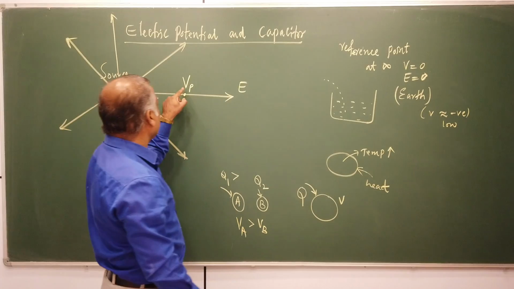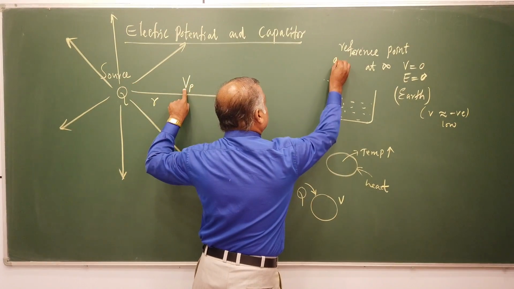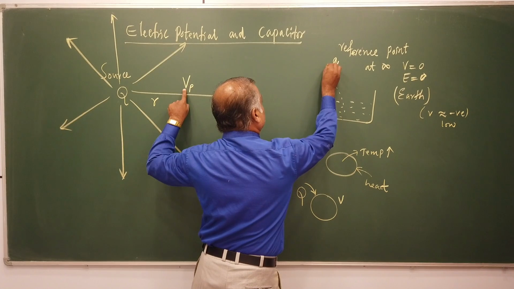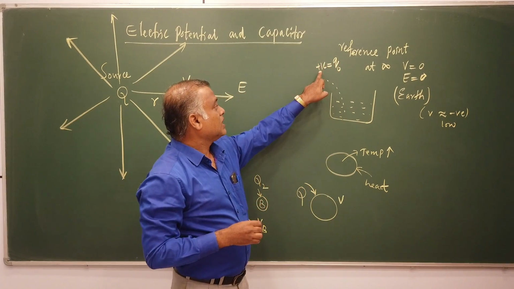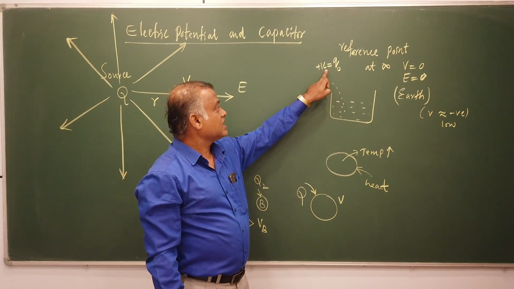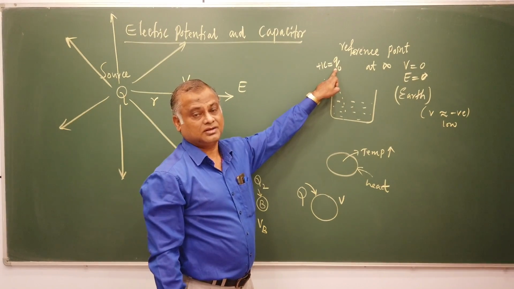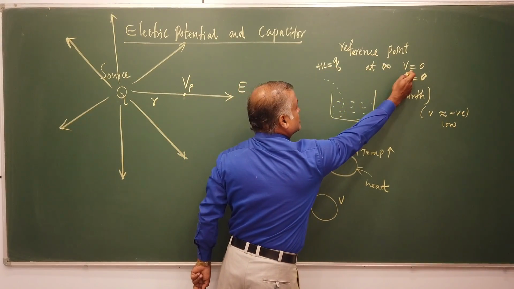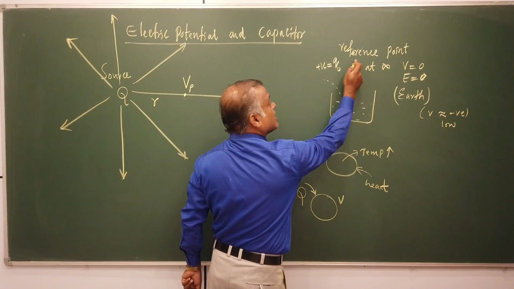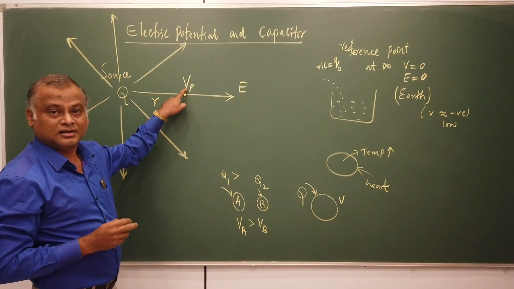Now to define a potential at a point, I have to bring some test charge, that is a unit positive charge, plus 1 coulomb, taken as the reference test charge. This charge has to be brought from a point where the potential is 0, from infinity, to the point of consideration.